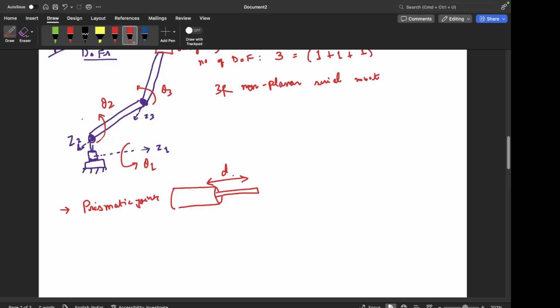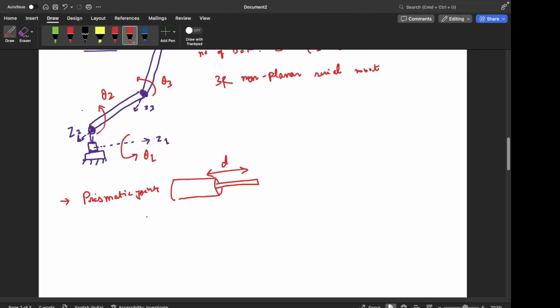So this D can change. The second body can slide in and out of this first body. And here also the number of degrees of freedom is 1, right?